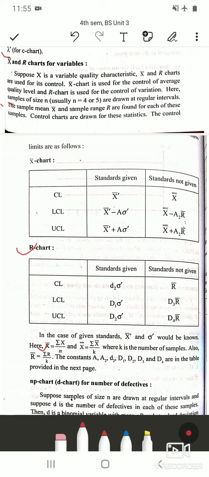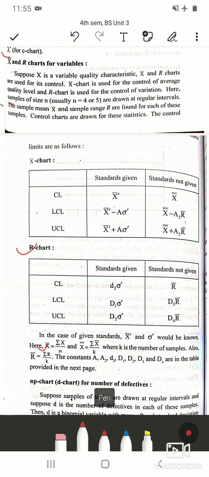Similarly, for the R chart, when standards are given, the control limits are d2 into sigma dash for the central line, capital D1 into sigma dash for the lower limit, and capital D2 into sigma dash for the upper limit. Here all the terms will be known. Sigma dash will be given, and d2, capital D1 and capital D2 will also be known.